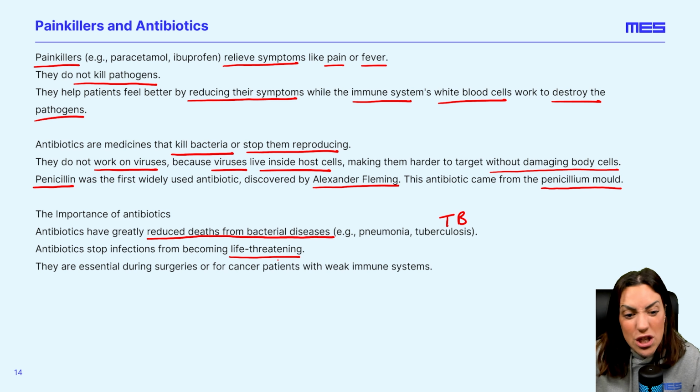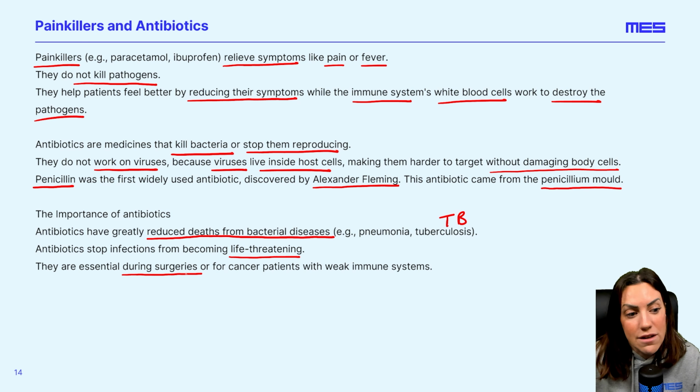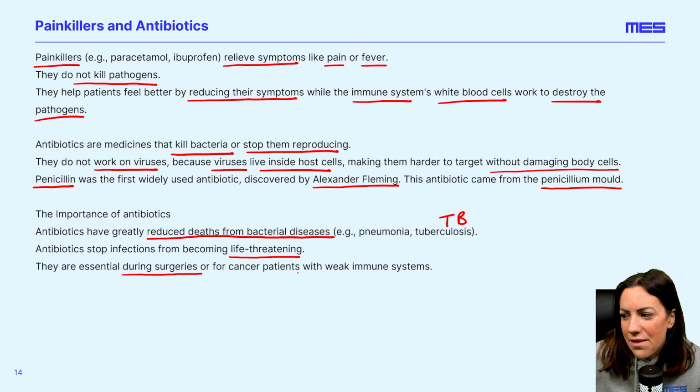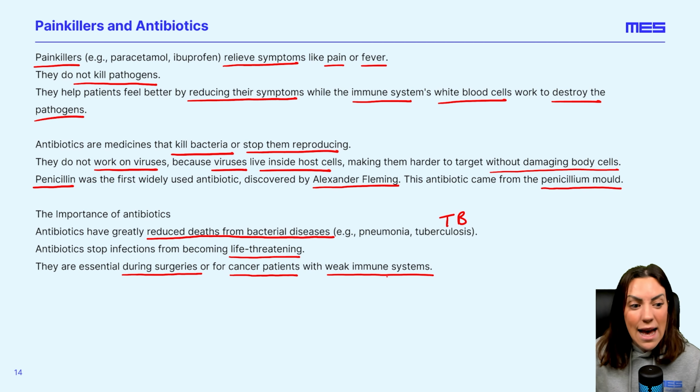So again, it's reduced the number of deaths dramatically from bacterial infections. And they are essential during surgeries where risk of bacterial infection is really high. Antibiotics are often given. And they're also essential for cancer patients that have weaker immune systems and could potentially get more bacterial infections. They can be easily treated with antibiotics.